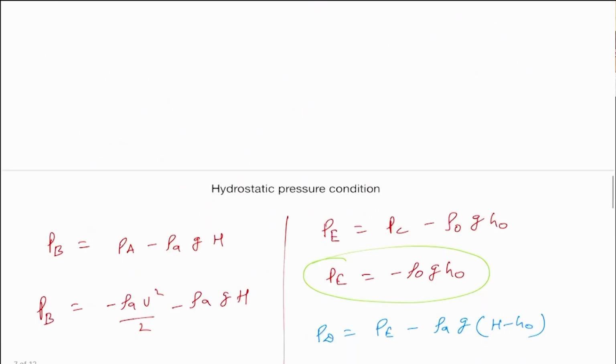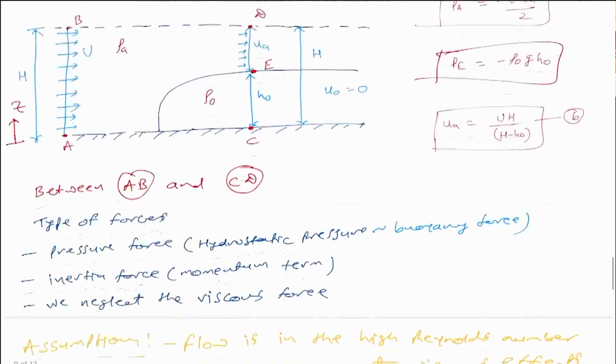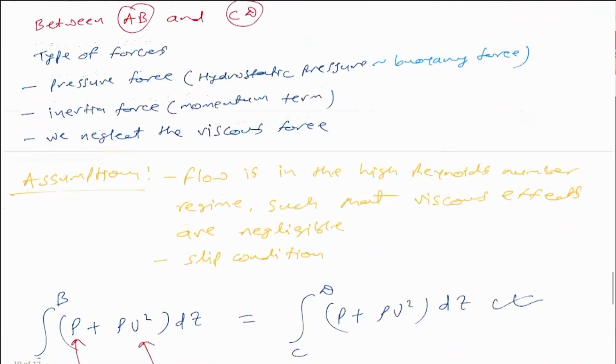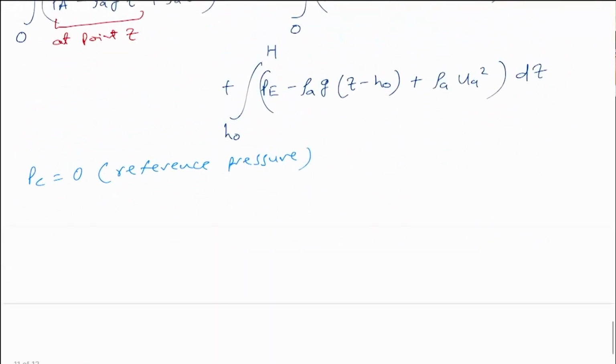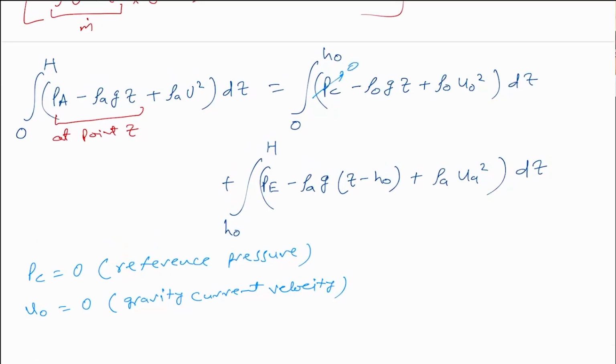Likewise we have also got Pe, and the other thing we know is that u naught is equal to 0, and that is why Pc is equal to 0. That is the gravity current velocity, right? And that is why this becomes 0, this becomes 0.